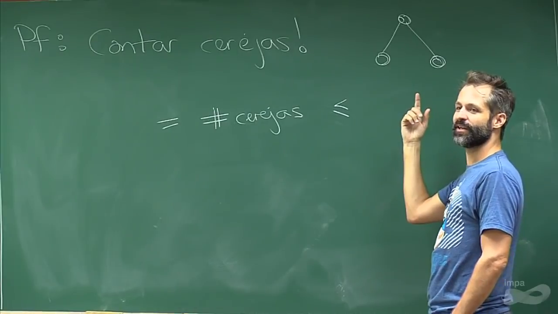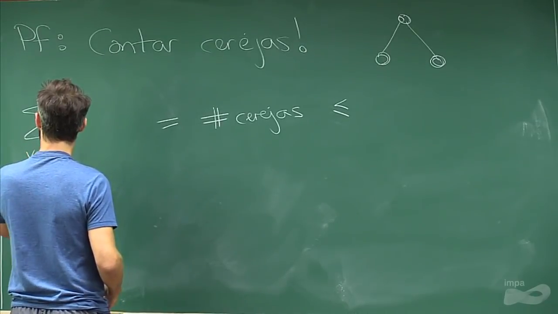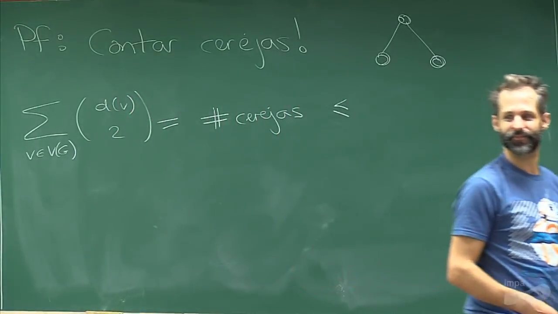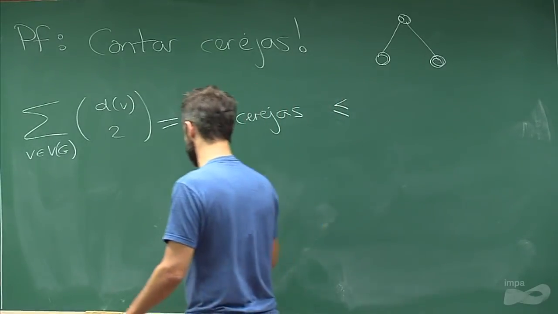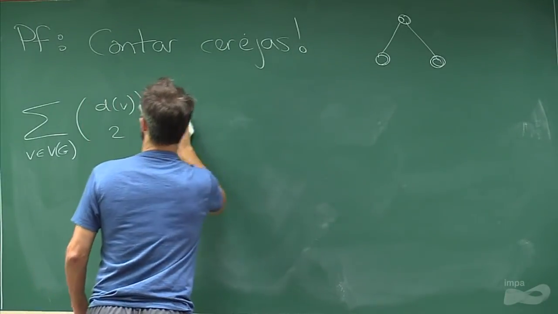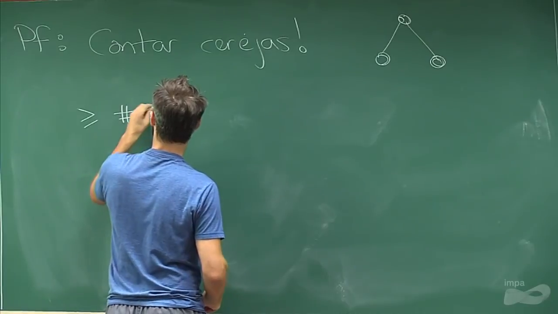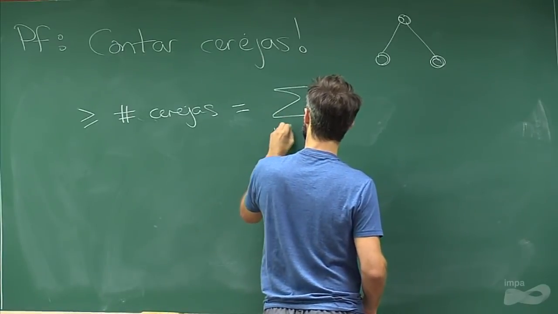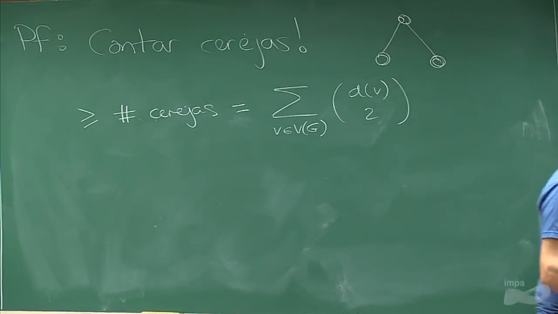So the total number in the graph is just that summed over V. So it equals the sum over V in G of d(V) choose 2.